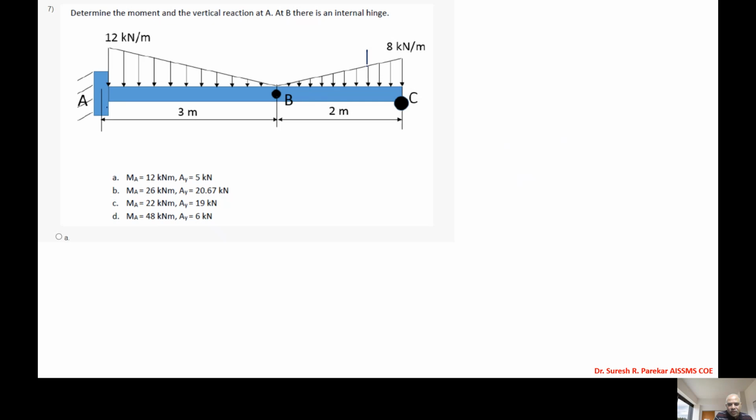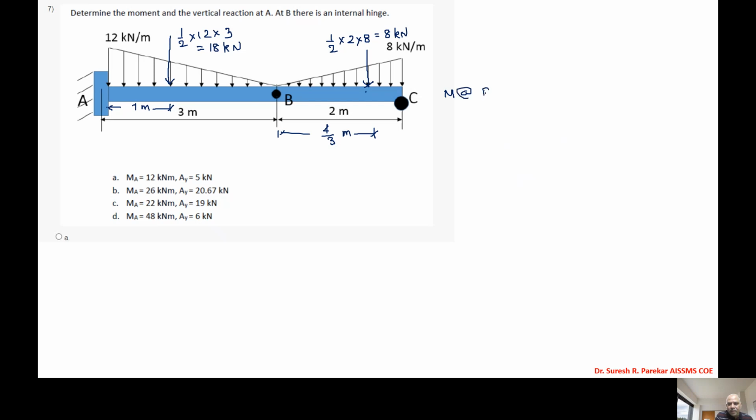If we calculate the total load at this point, we have 1/2 base into height, and this comes to 8 kilonewton, which will act at a distance of 2/3 of 2, so 4/3 meters. Similarly for this one, we have 1/2 into 12 into 3, which comes to 18 kilonewton, and this distance will be 1/3 of 3, so 1 meter.